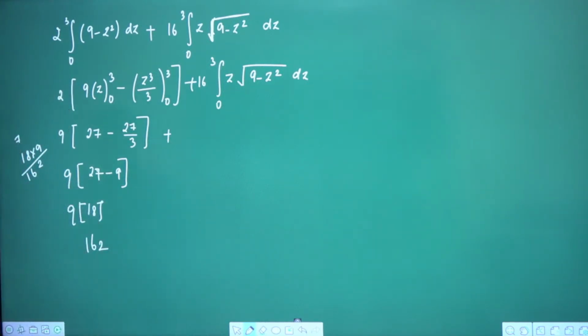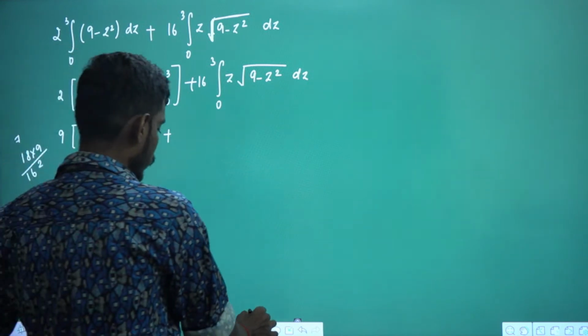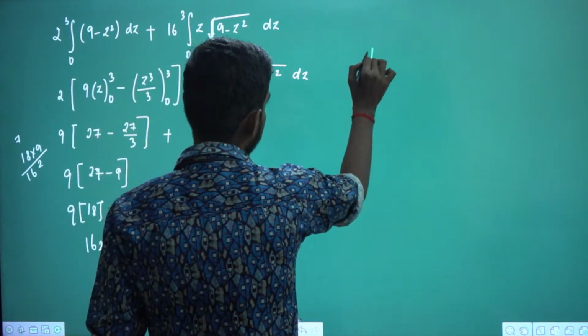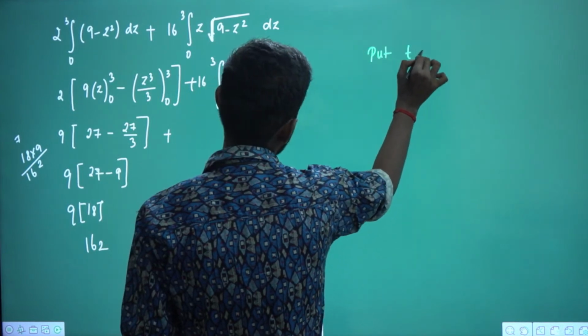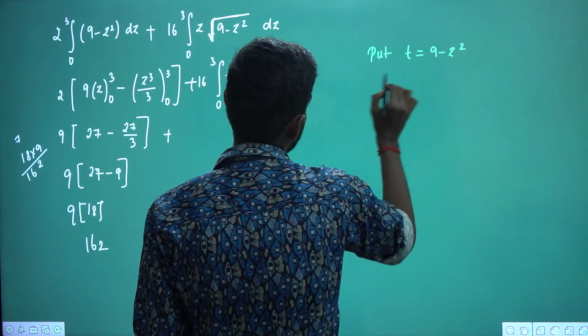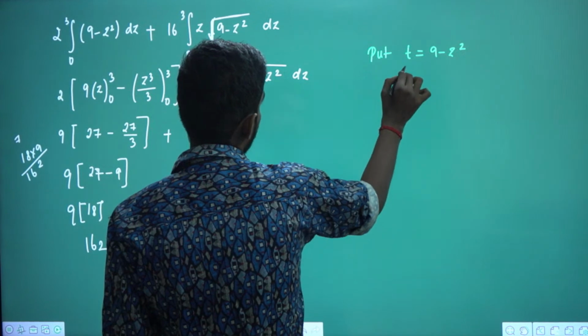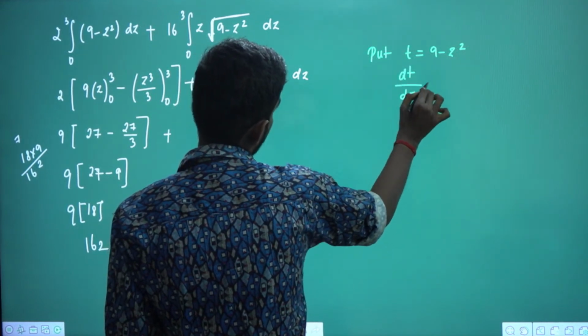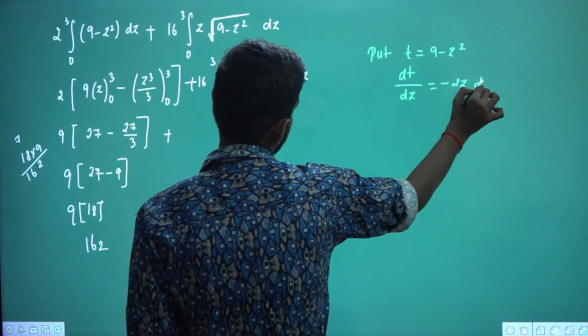So for this, what I will do is we need to do by substitution. So put t is equal to 9 minus z square. So what will be your dt by dz is minus 2z.